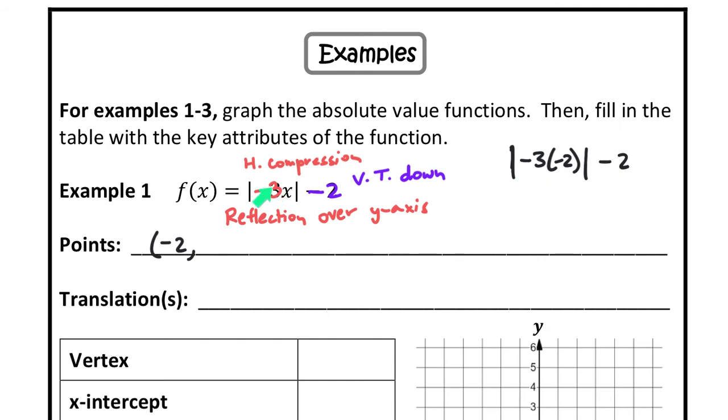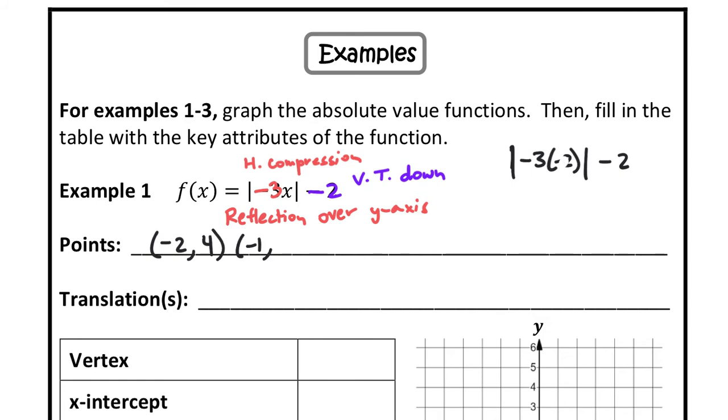Right, and so I'm just copying. We have over here -3 times -2 - 2. So -3 times -2 is +6. Absolute value is 6. 6 minus 2, 4. Then let's plug in -1.